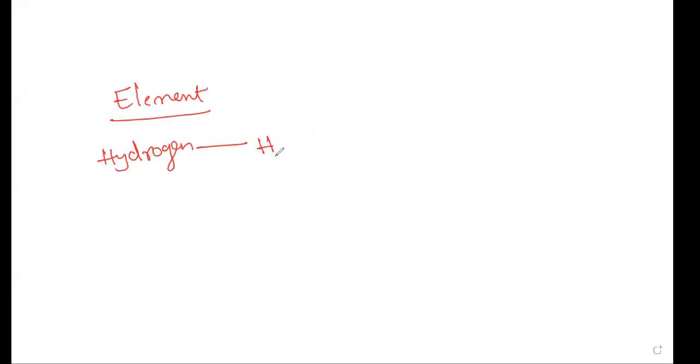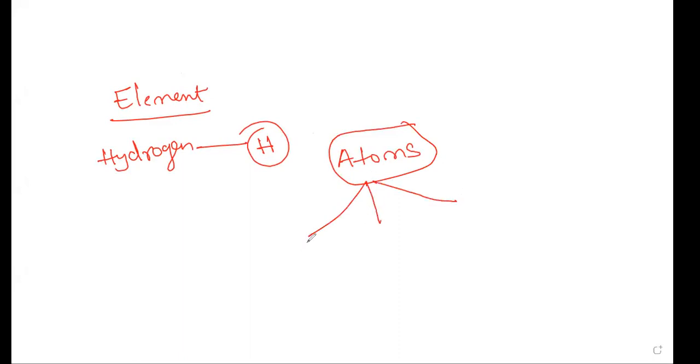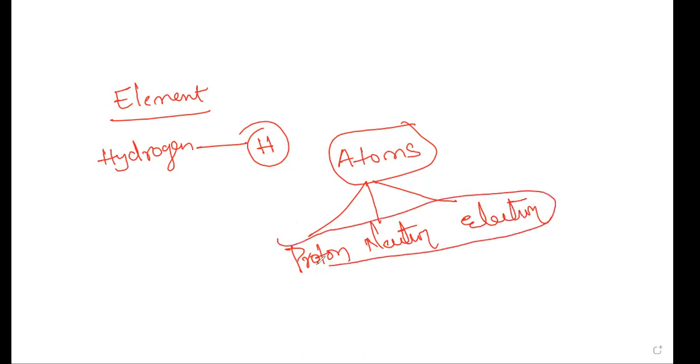Its symbol is H. In each element we have atoms, and atoms are divided into further subunits: proton, neutron, and electron. So the combination of the three subunits is an atom. So the atom is in the element.